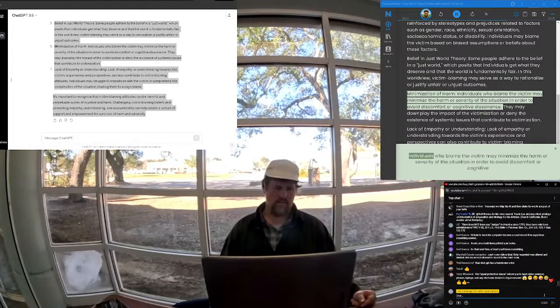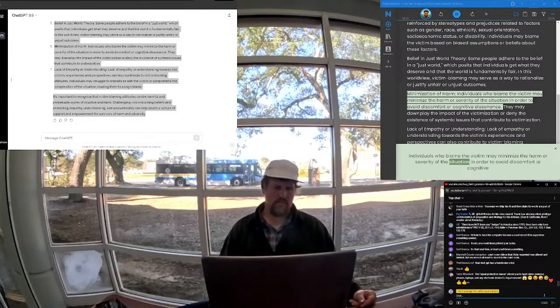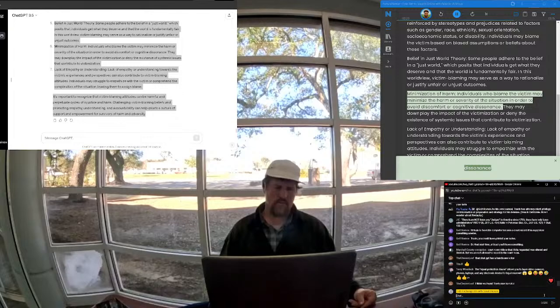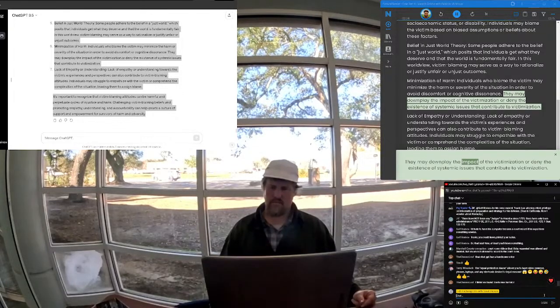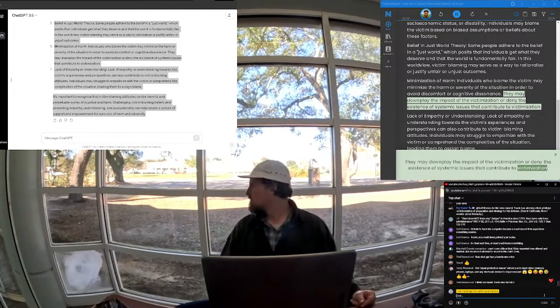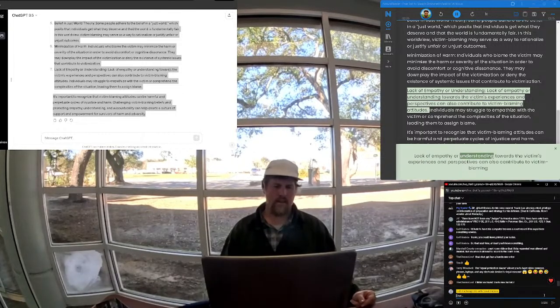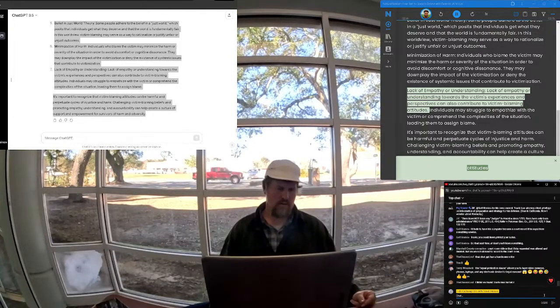Minimization of harm. Individuals who blame the victim may minimize the harm or severity of the situation in order to avoid discomfort or cognitive dissonance. They may downplay the impact of the victimization or deny the existence of systemic issues that contribute to victimization. Lack of empathy or understanding. Lack of empathy or understanding towards the victim's experiences and perspectives can also contribute to victim-blaming attitudes.